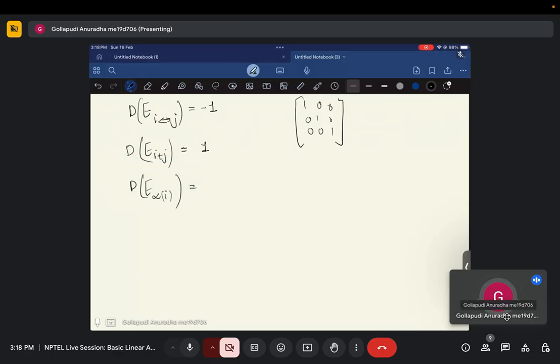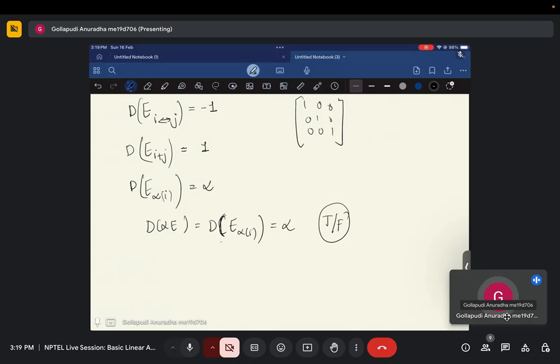And if you are multiplying a row with alpha, what will be the determinant here? You'll be getting alpha. So based on this, answer a true or false question: I'm saying the determinant of alpha into elementary matrix is equal to alpha.